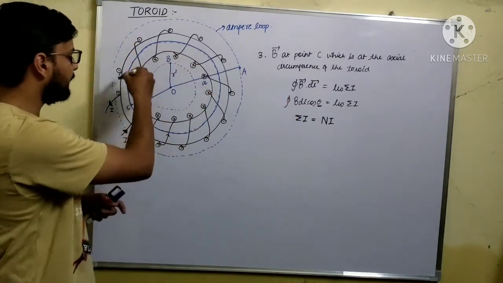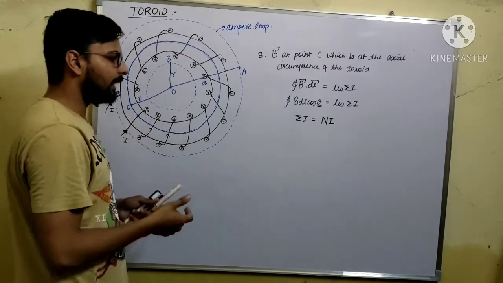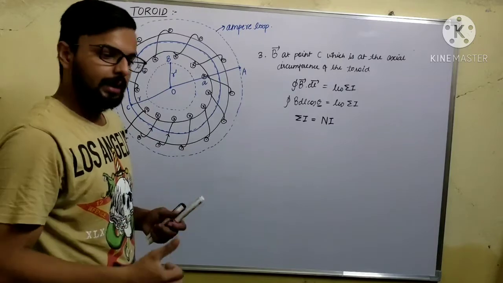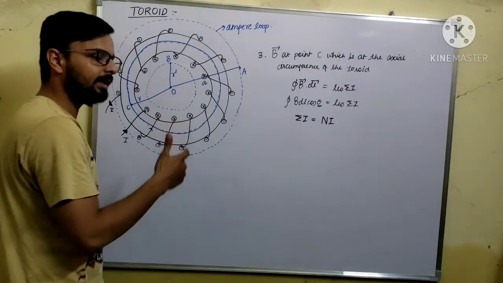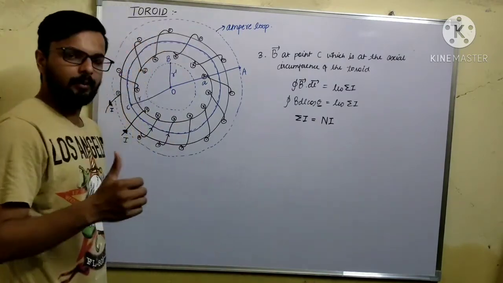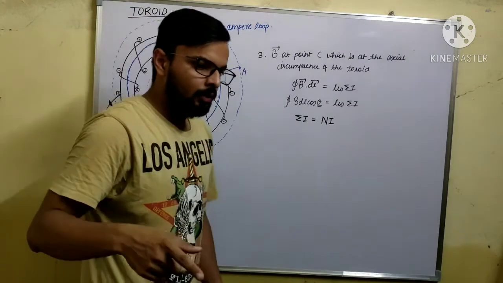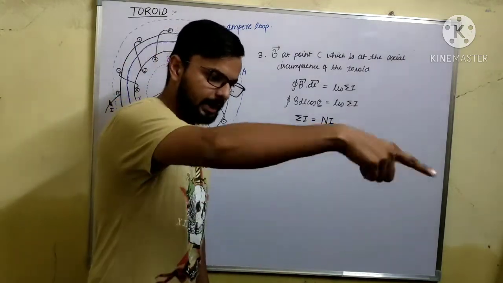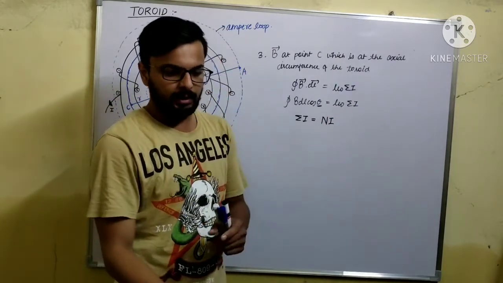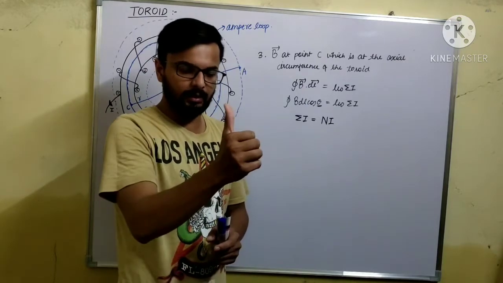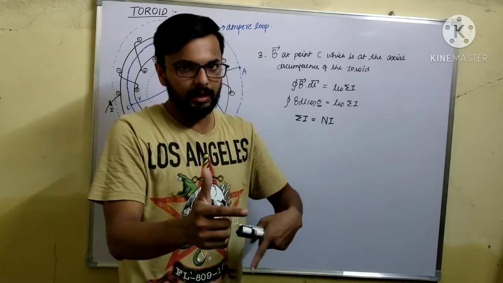Now you see that inside this Ampere loop, the current is entering the toroid at the point located at the inner diameter.